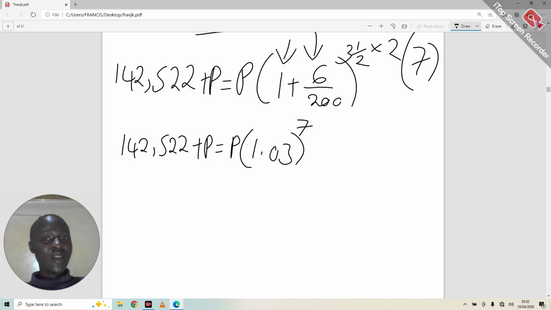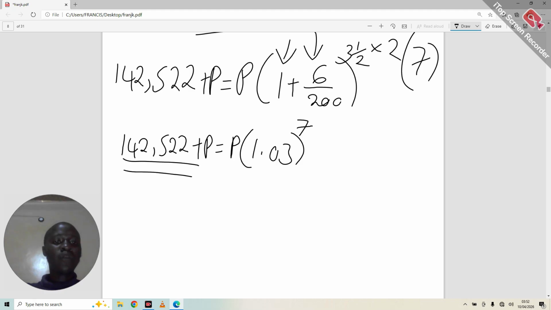Having 1 plus 6 all over 200. For instance, let's assume that we had 1 plus x all over 200. It is only at this part now that you can get the 7th root. But remember, you'll get that 7th root when this other side is a whole figure, like 142,522 alone, without any unknown value.